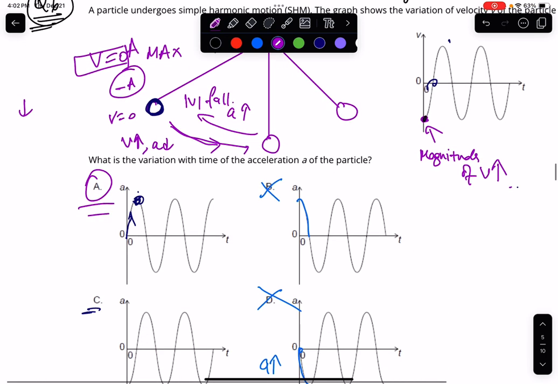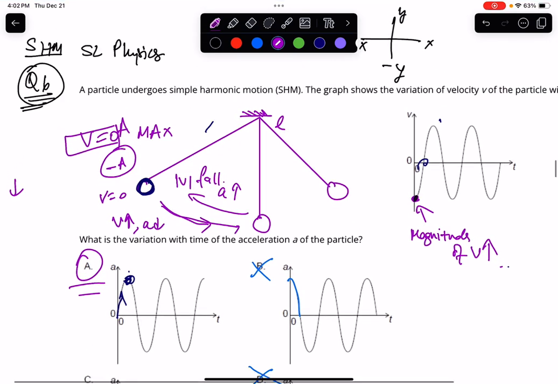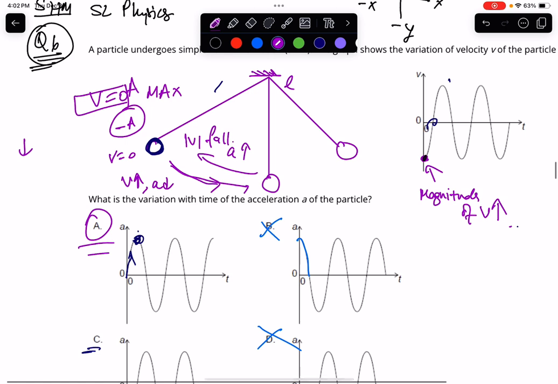Okay? And so, because of that, in this region, when the velocity is rising, then the acceleration should be falling.